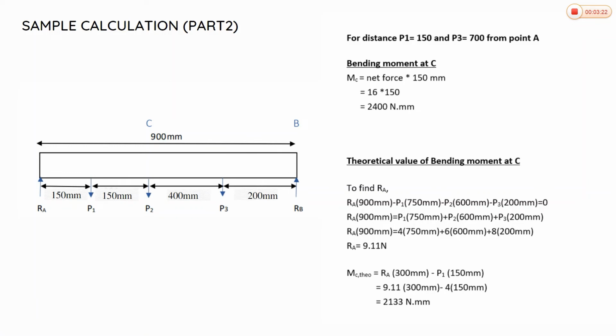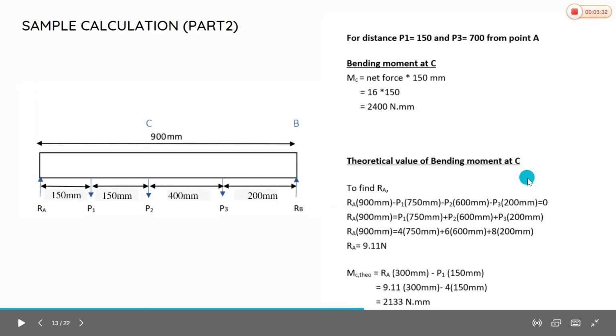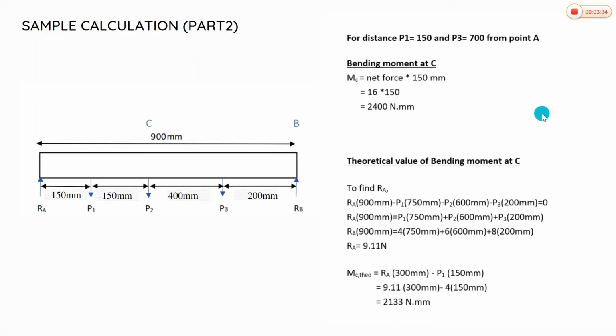So for the sample calculation for part 2, this is for distance P1 equal to 150 millimeter from point A, and P3 equal to 700 from point A. So the bending moment equation is also almost the same, where we can get from net force times 150 mm.